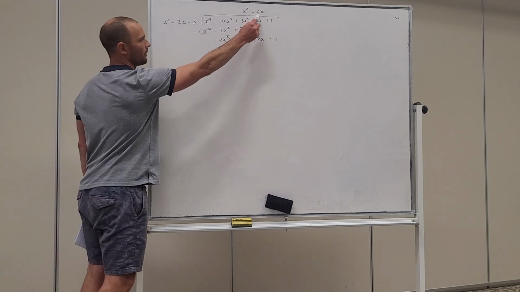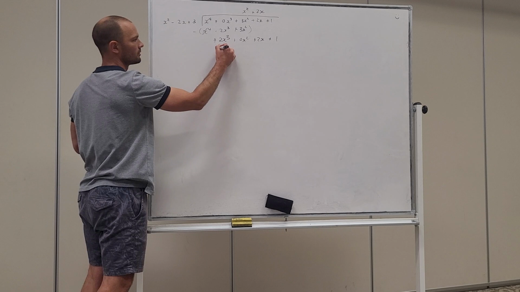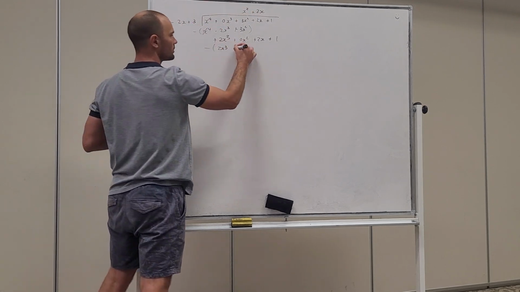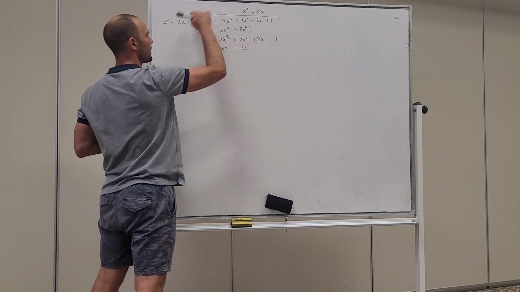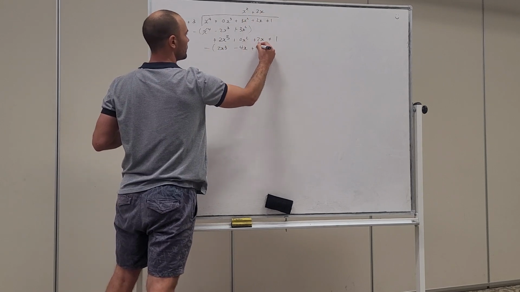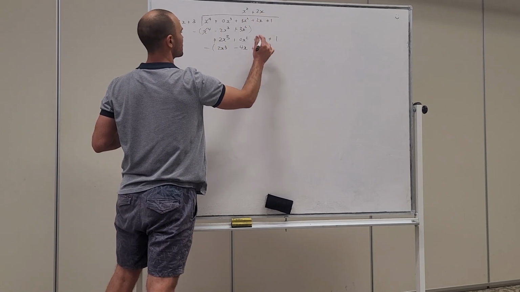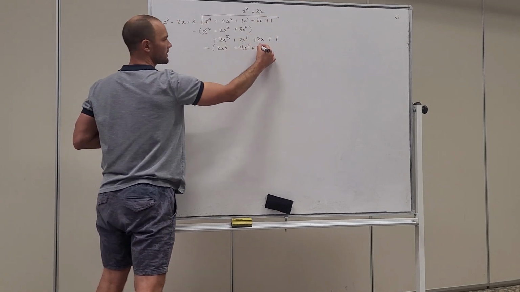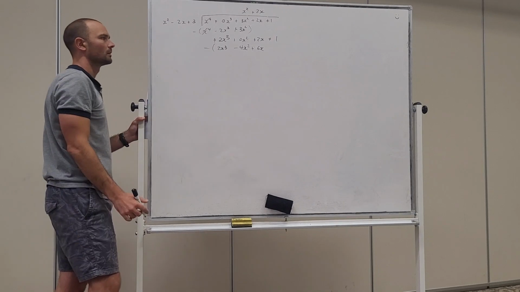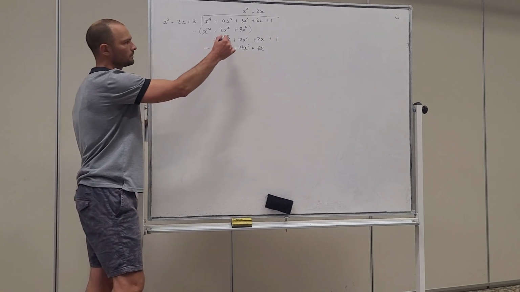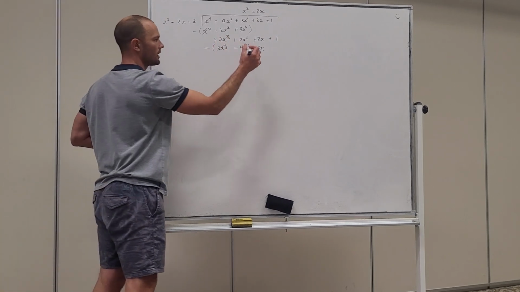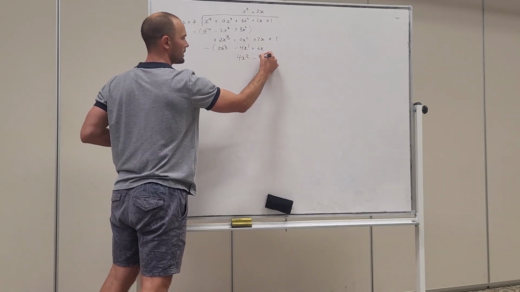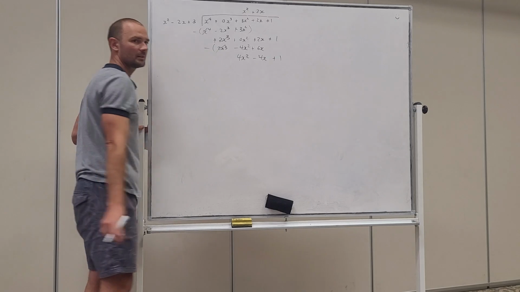And then we perform it. 2x times x squared, 2x to the 3, 2x times minus 2, minus 4x squared, 2x times 3, plus 6x. Subtract that away. 0 take minus 4, that's a positive 4. 2 take positive 6, minus 4, and then plus 1.